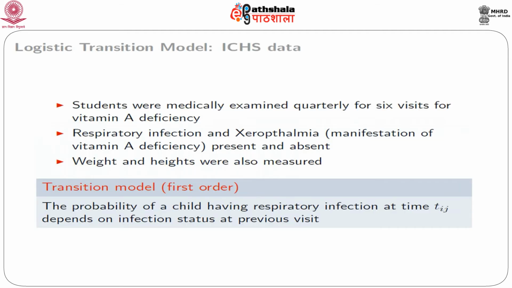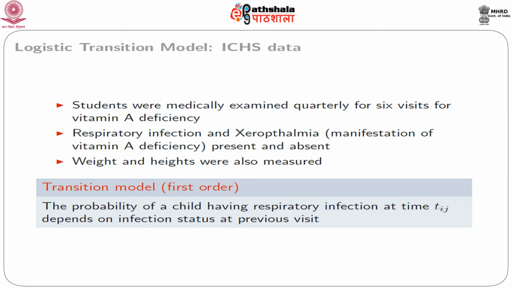Now to illustrate this we will be talking about a data set, which we will download later and run this model in R. But first let's see what the data is all about. It's called the ICHS data. Over 3,000 students were medically examined quarterly for 6 visits for vitamin A deficiency.